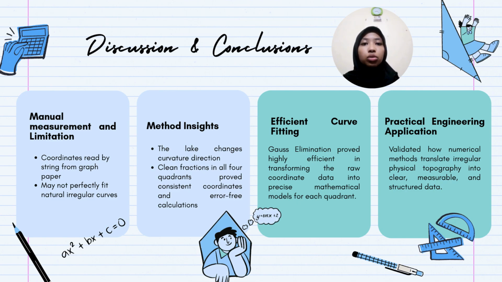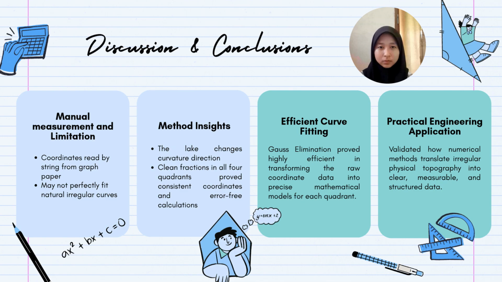This tells us 2 things without us having to double check everything. First, our coordinate readings from the graph paper were consistent across all quadrants. Second, we made no arithmetic mistakes during forward elimination or back substitution. If we had made an error, the numbers would have immediately turned into irregular decimals.